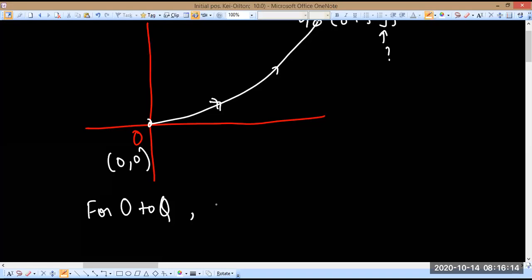I hope you remember yesterday I taught you that you can do it separately for x and y. We'll do it for x because we know everything about x. So we will use the second equation, because we want to find out time. So delta x is equal to v0x t plus half ax t squared.